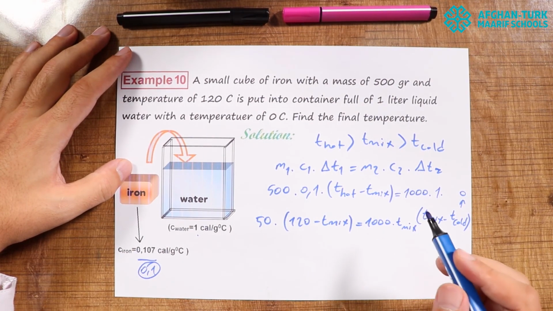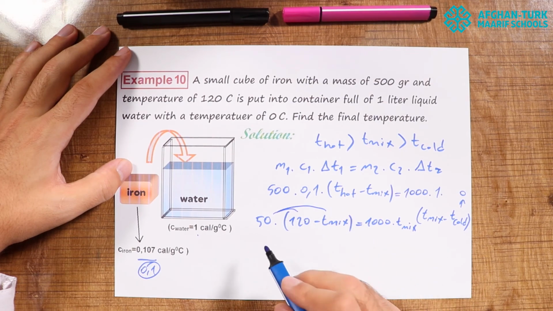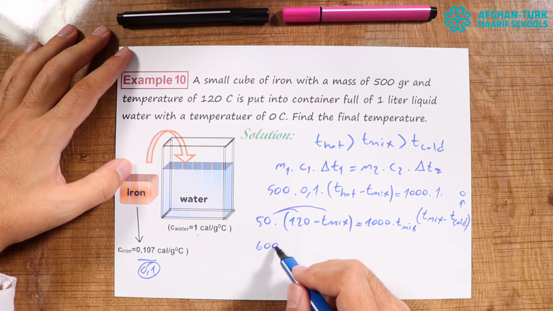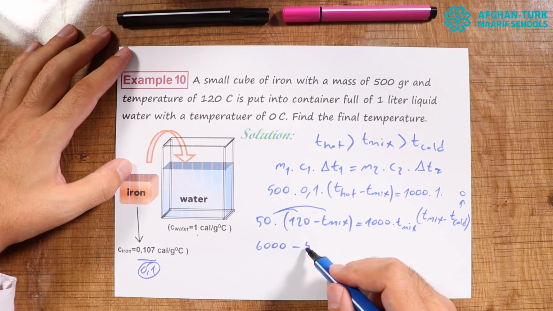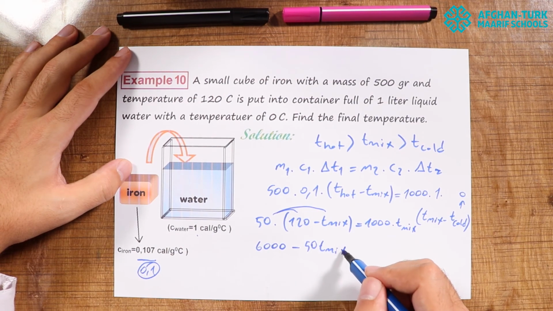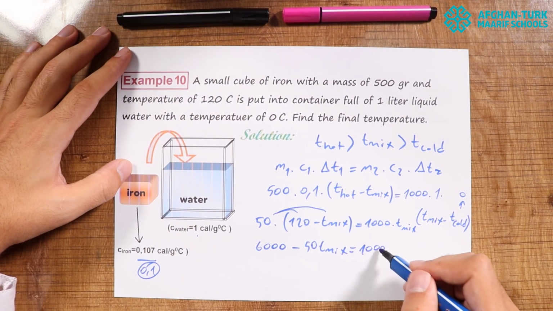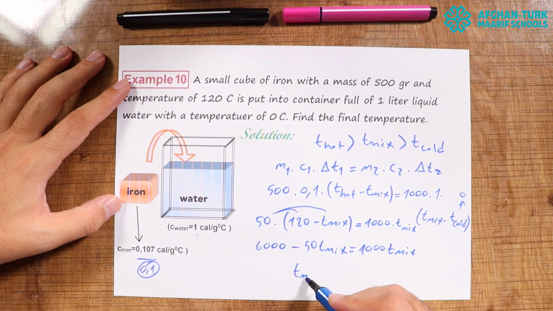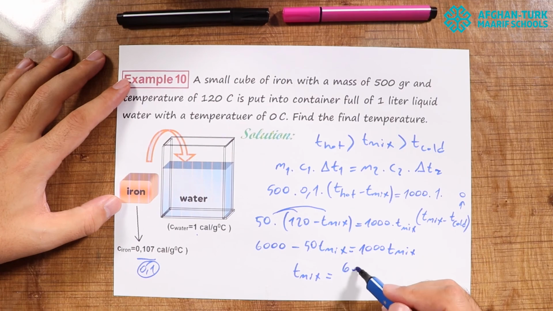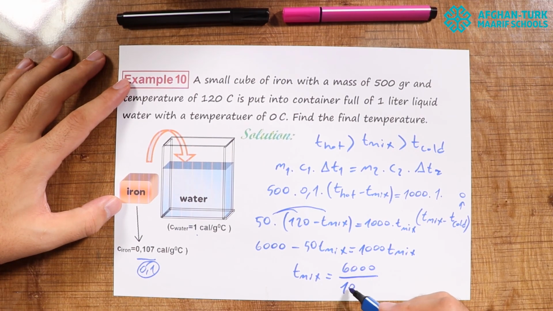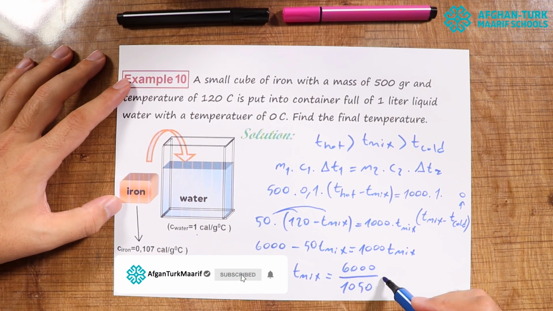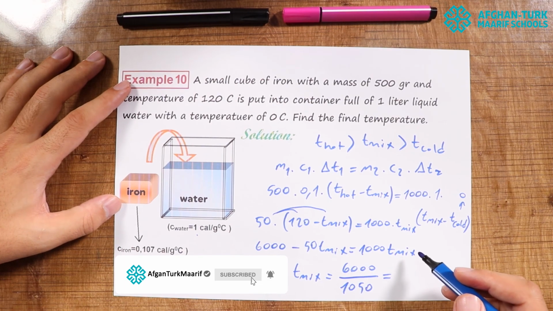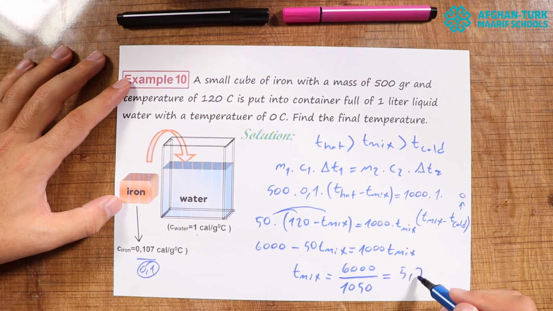So from here I can have 6000 minus 50 T mix, and that's equal to 1000 T mix. T mix is equal to 6000 divided by 1050, and that's equal to 5.71 degrees Celsius.